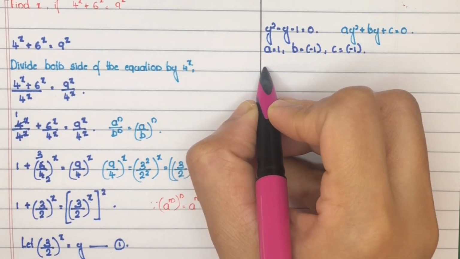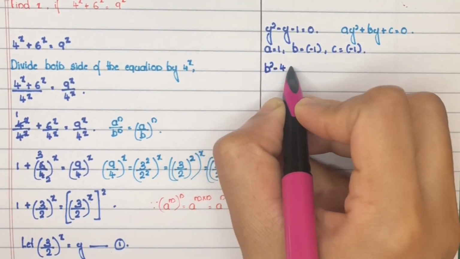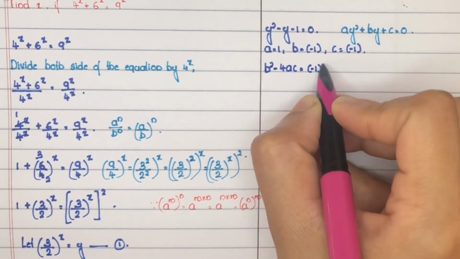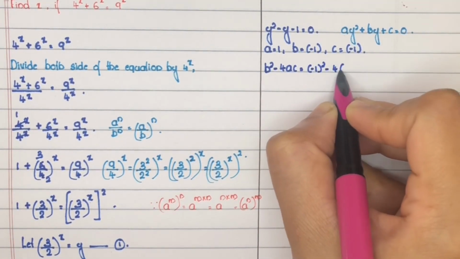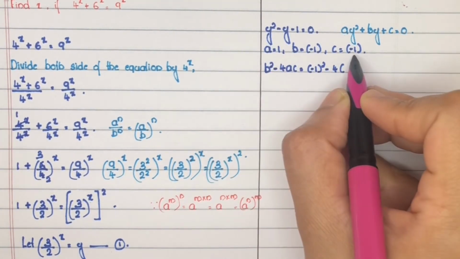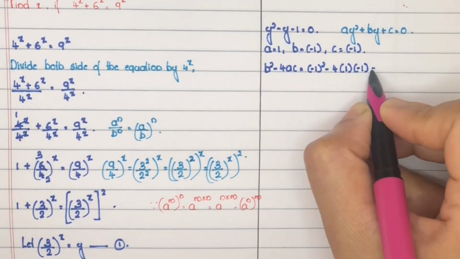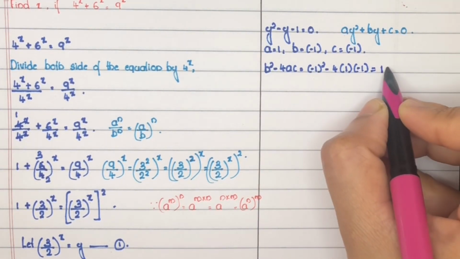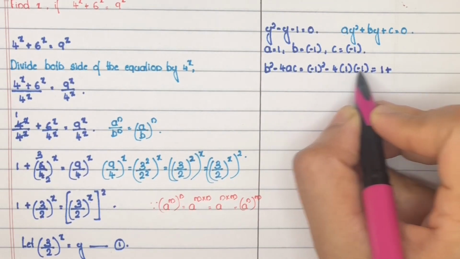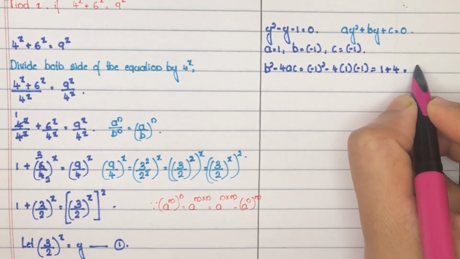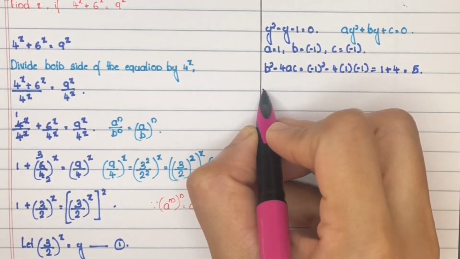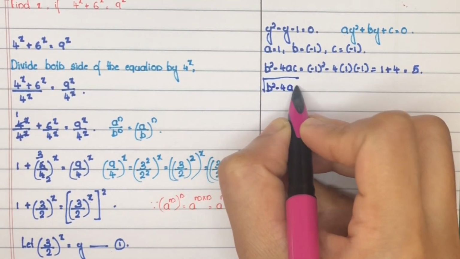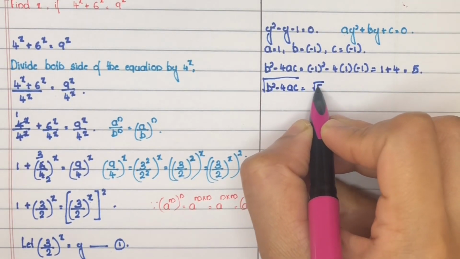b square minus 4ac. b is minus 1. So b square, minus 1 whole square is 1, minus 4 into a into c, 1 into minus 1, minus into minus plus, 4 into 1, 4. Equal to 5. So root of b square minus 4ac equal to root 5.